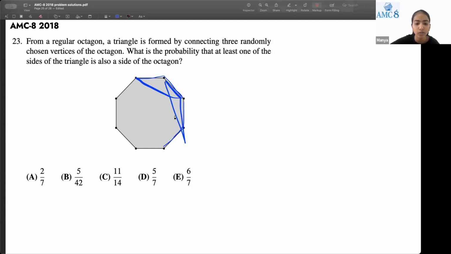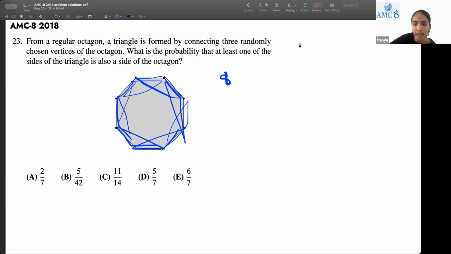Okay, so suppose that this can be a triangle where all 3 sides are touching the octagon's sides. So 1 triangle, 2 triangle, 3 triangle, 4 triangle, 5 triangle, 6 triangle, 7 triangle, and 8 triangle. So that means that there's going to be 8 ways where all 3 of the sides are going to be touching the side line.